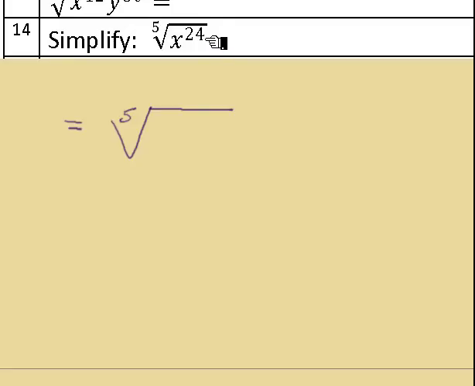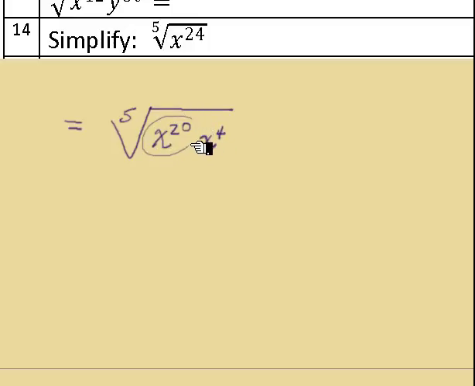So what we're going to do is find the largest power whose exponent is a multiple of 5. So just start counting down from 24 until you hit a multiple of 5. So the largest number, less than 24, that's a multiple of 5 is 20. All right, so we're going to factor this as x to the 20 times x to the fourth.